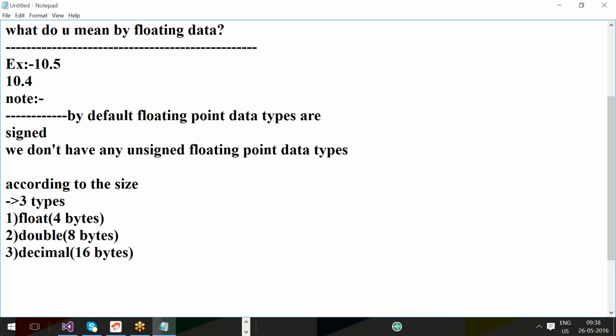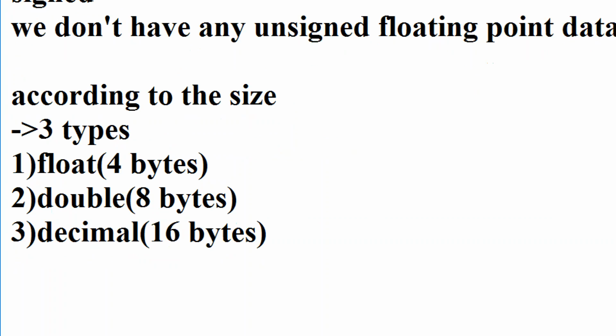So what is the lowest size data type here? Float. Medium, double. The biggest data type in floating is decimal. Whenever you have a small amount of floating data, go with float.